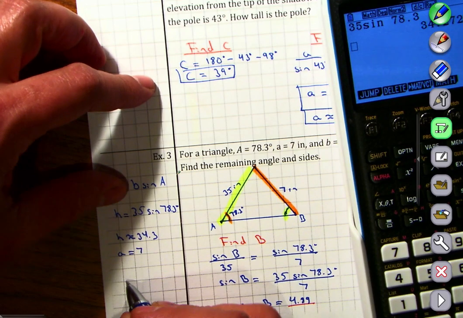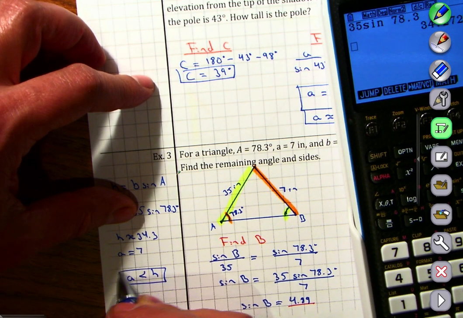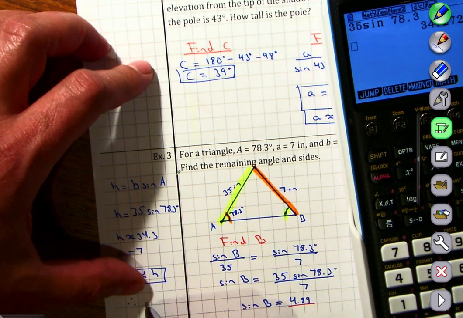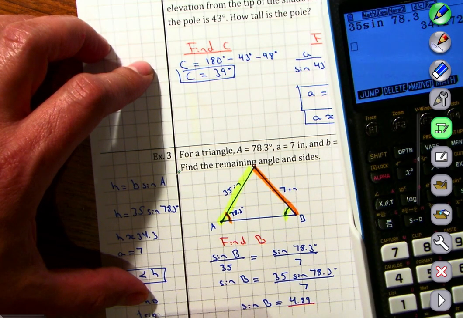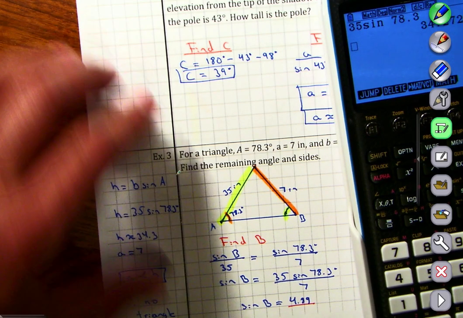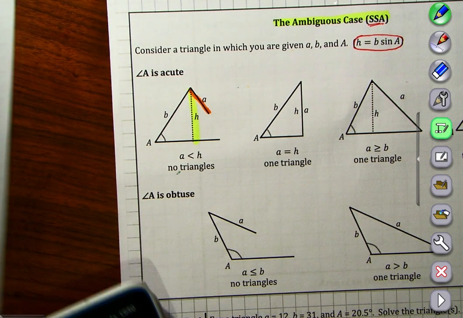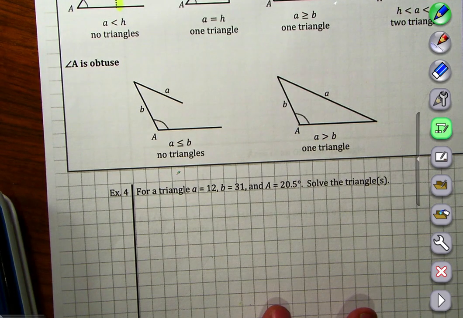So therefore, A is smaller than H. Therefore, there's no such triangle that will exist.